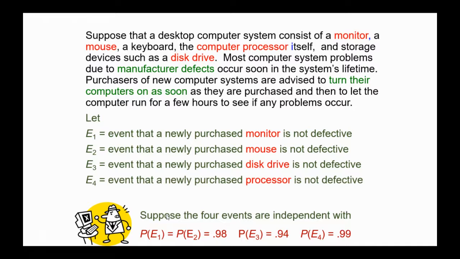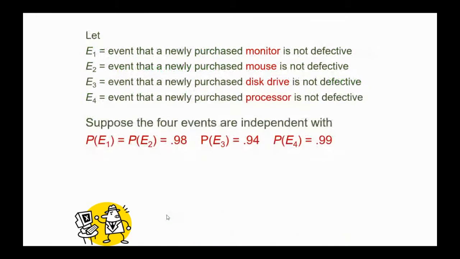So what's the probability that none of the components are defective? How could I find that? Multiply them all together. You're right, but what else do you multiply?